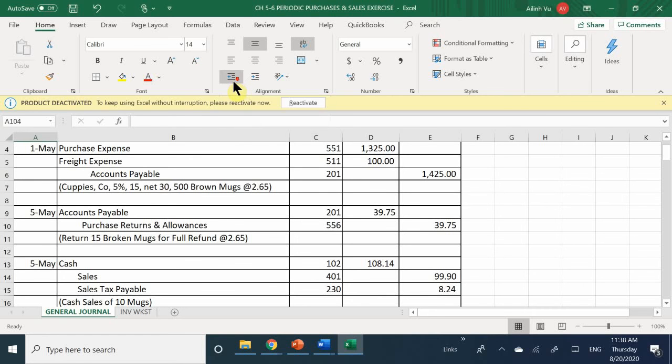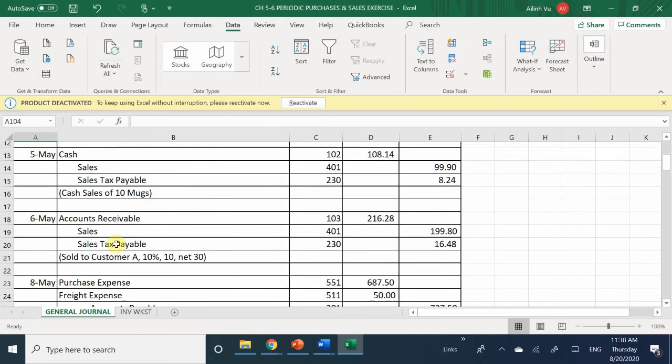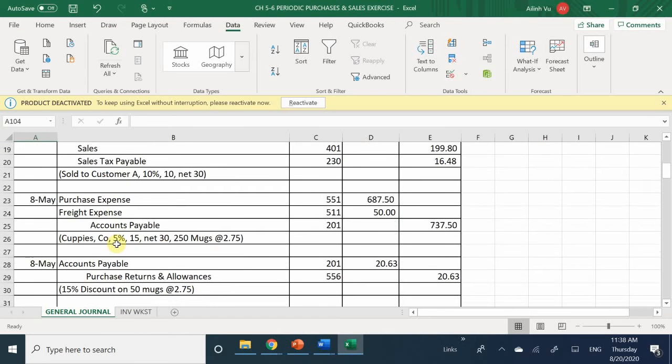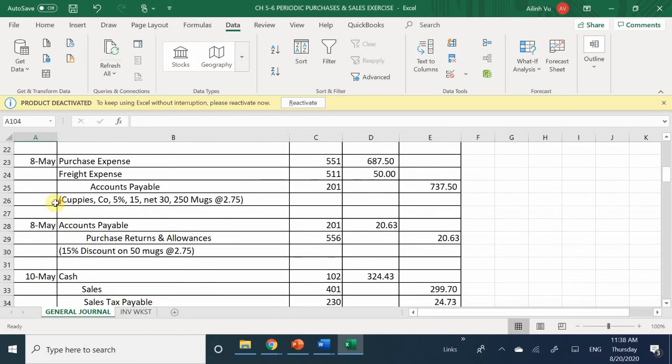Then on May 8th, we increased our accounts payable by another additional $737.50. And then we attempted to return, but we got an allowance for $20.63. So we decreased our accounts payable by $20.63.